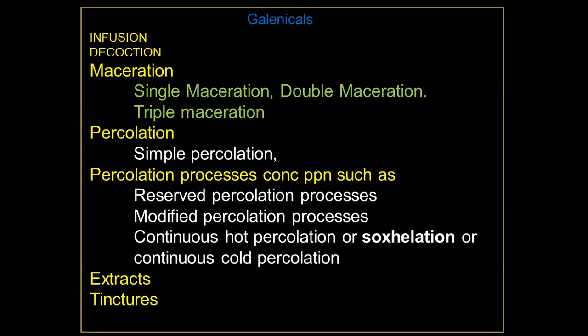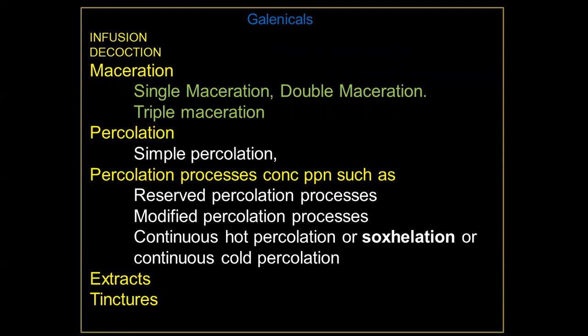Within Galenicals, there are various topics like infusion, decoction, and the maceration process, single maceration, and how to make the preparation more concentrated using double and triple maceration, and the percolation process using the percolator apparatus. Here, simple percolation, and even more concentrated preparations using a percolator apparatus with a little modification in the percolation procedure.